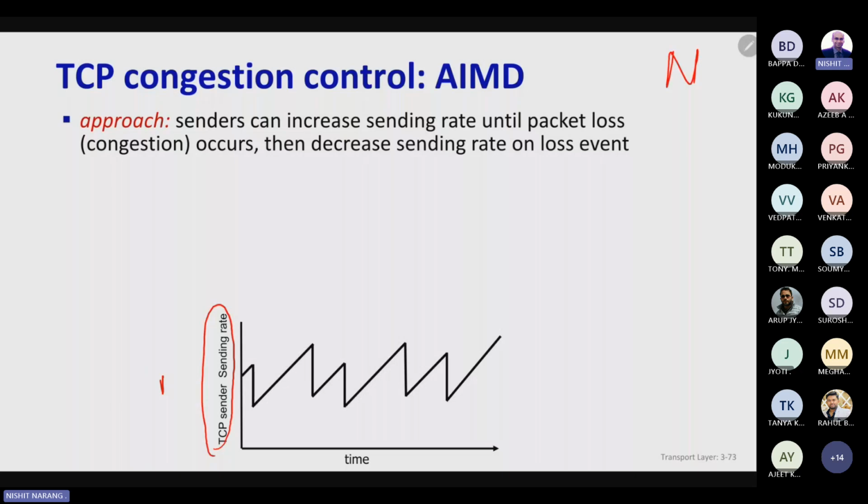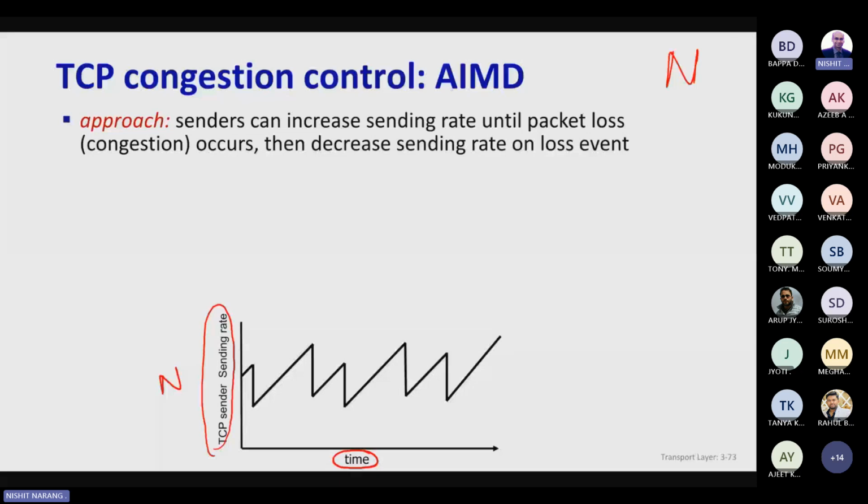And this is time. What this sawtooth behavior shows is that TCP alters the sending rate, in effect the value of N, dynamically, so that based on congestion in the network, it can reduce the traffic that it sends into the network.